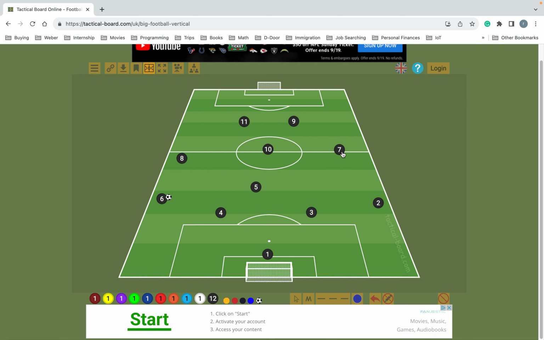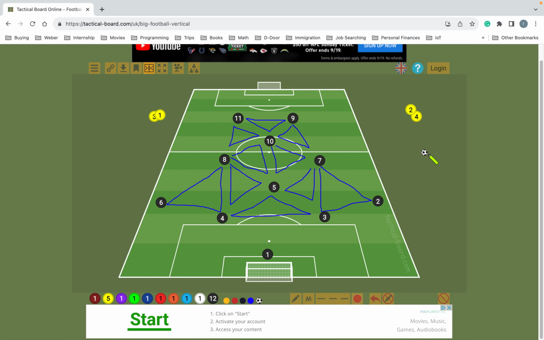Okay, so that's a basic movement that we're gonna work on: when the ball is on the outside backs, right? We open wide by the nearest center mid. It's a triangulation, right? And that's a concept that is very important.